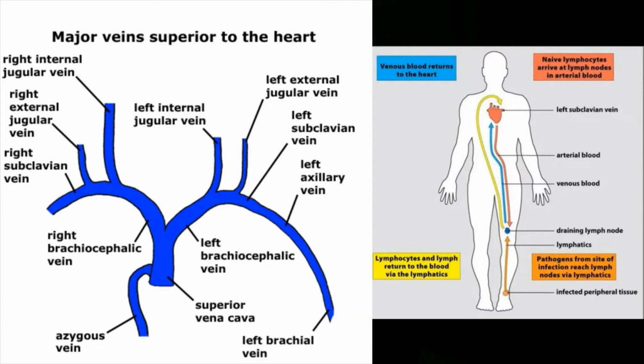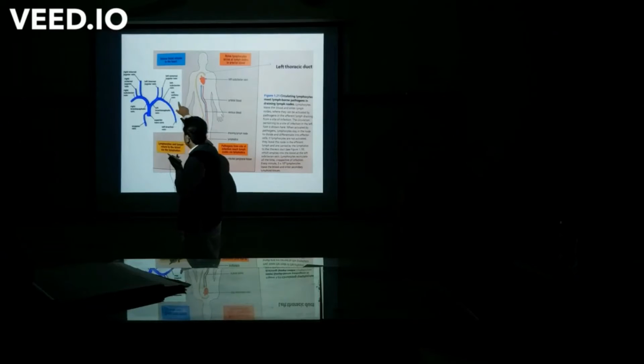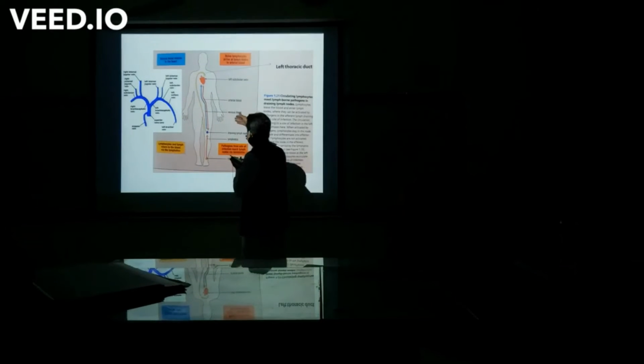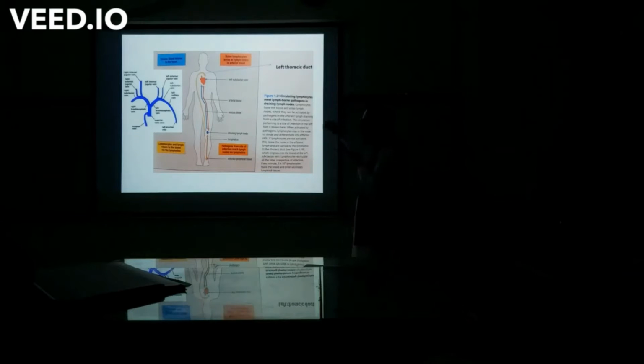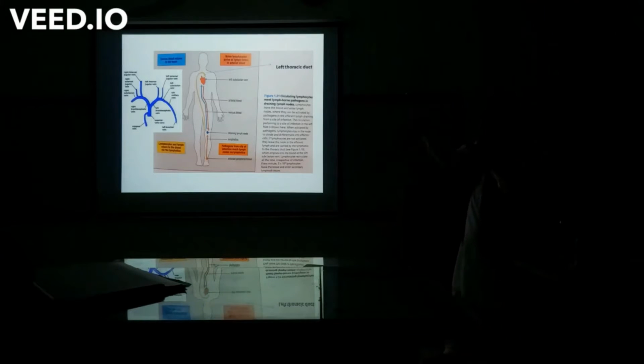At the junction of the jugular vein and the left subclavian vein, right here, this lymph which comes out of the blood is drained back into the blood. So this is a type of circulation of the lymph coming out of the blood and joining the blood again at this particular point.